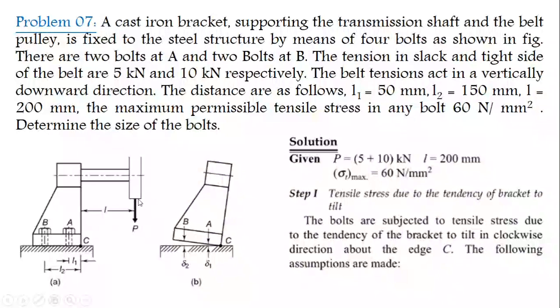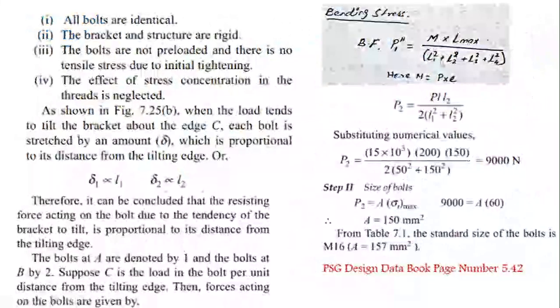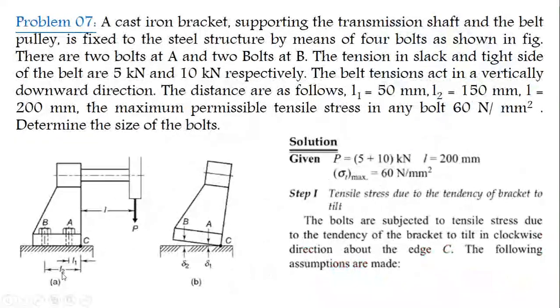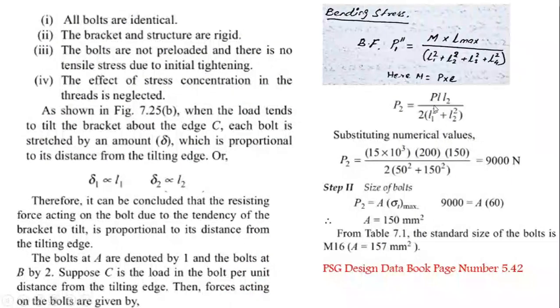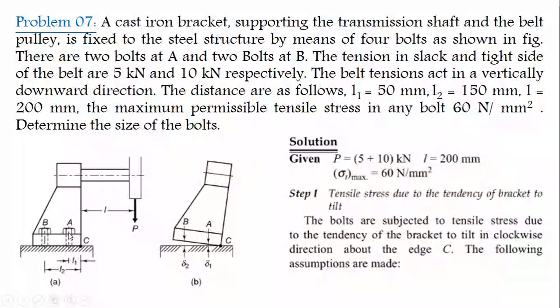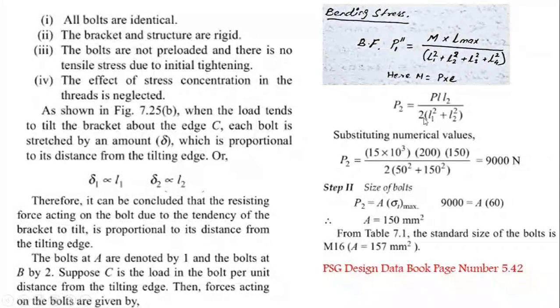So M equals P into L. L max is the maximum length, here L2. So P into L into L2 divided by 2 into L1 square plus L2 square, since two bolts are there at each distance, so we can take 2 as common.